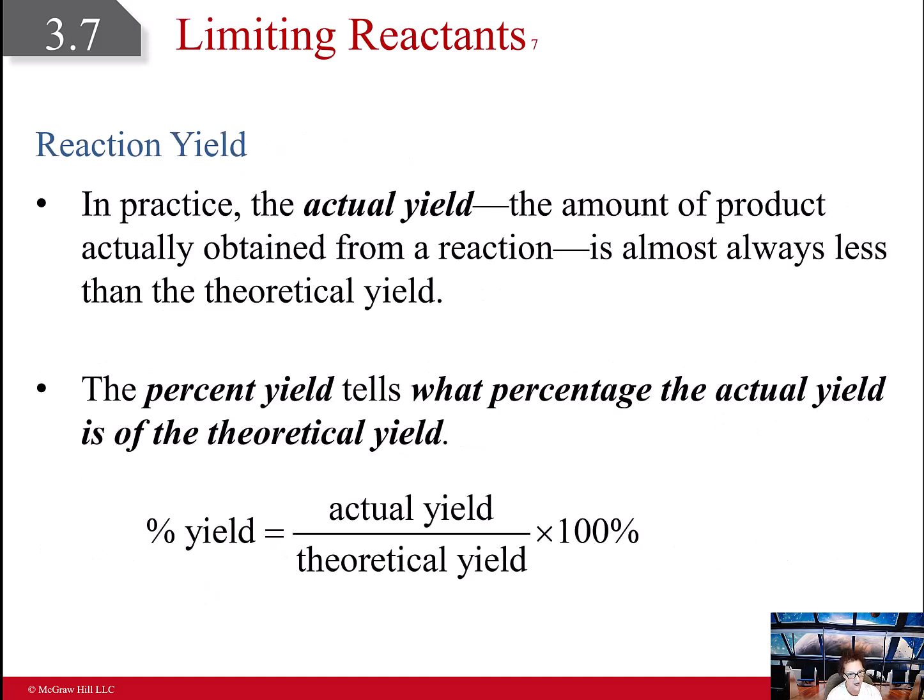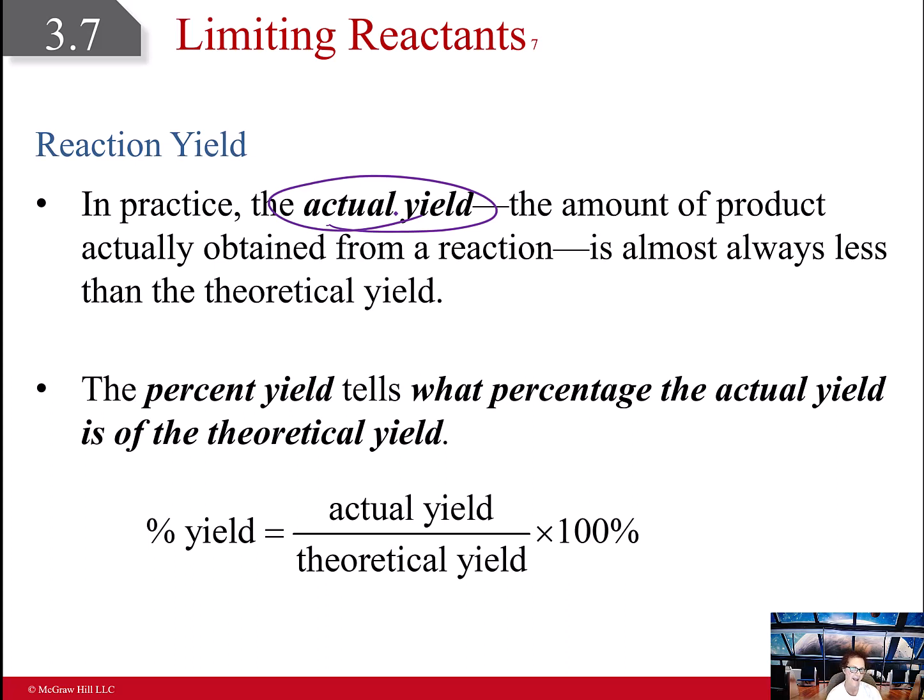But in the lab, what you're going to get is an actual yield. That's the amount that you actually get when you do it in the real world and not in a perfect world, which does not exist. And so the percent yield tells us what percentage that actual yield that you found in the lab or in the real world is of the theoretical yield.